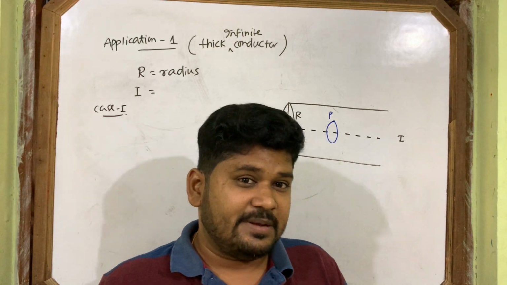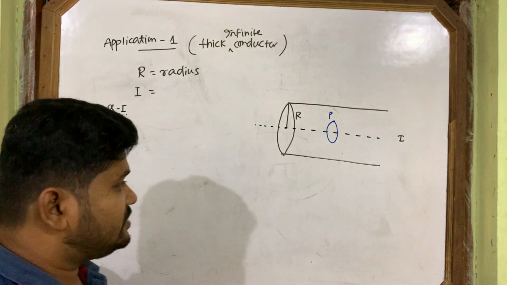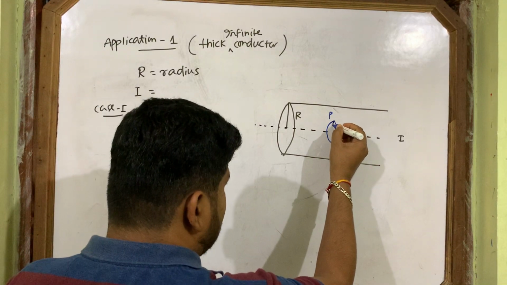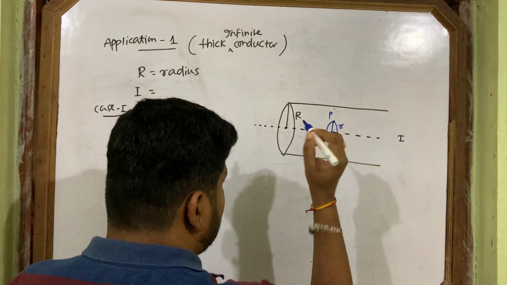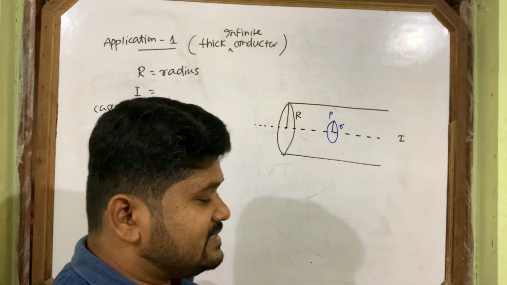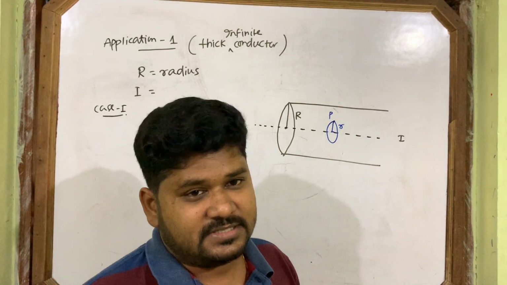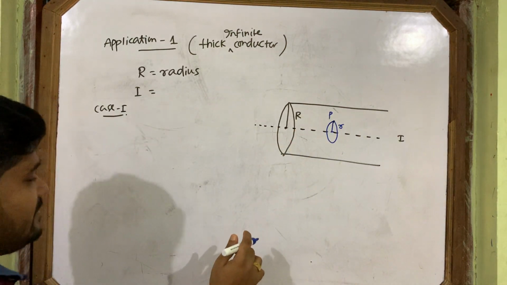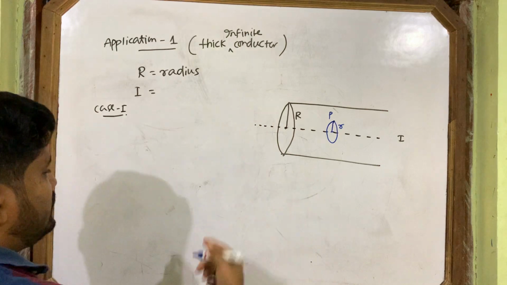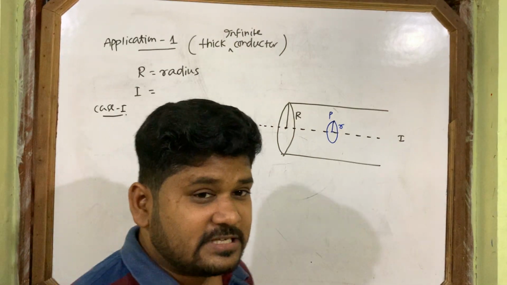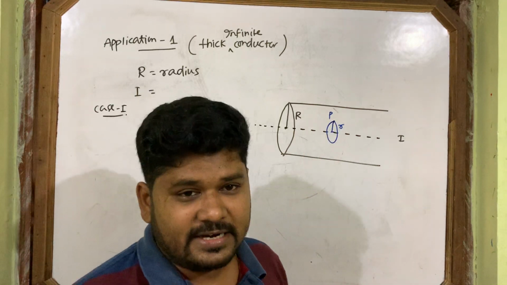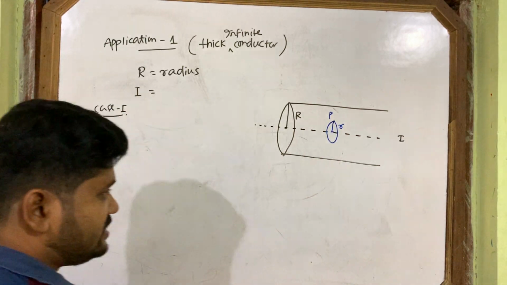This is the Amperian loop, and this point is at a distance smaller than R from the axis of the conductor. Now we use Ampere's circuital law to find the expression of the magnetic field there, since we are interested in finding the magnetic field there.